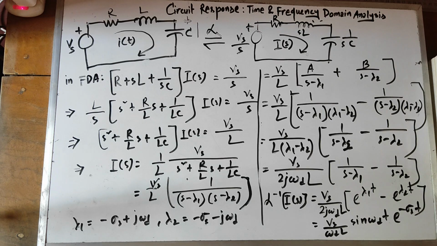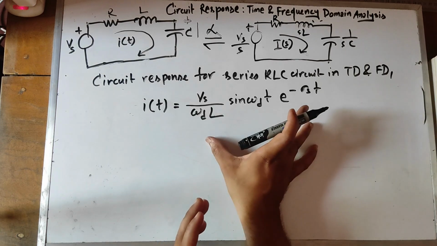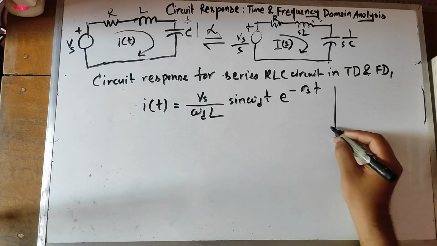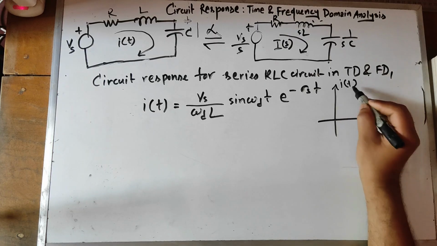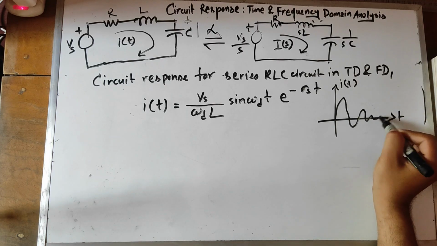So let me summarize this. This is a transient part. This is t and this is it. So it is like this.